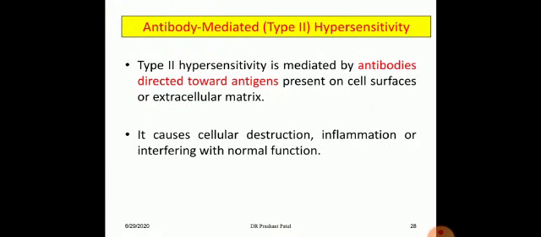Type 2 hypersensitivity reaction. Type 2 hypersensitivity reaction is mediated by antibodies directed towards antigens which are present on the surface of cells or in the extracellular matrix. It causes cellular destruction, inflammation, or interferes with their normal function.